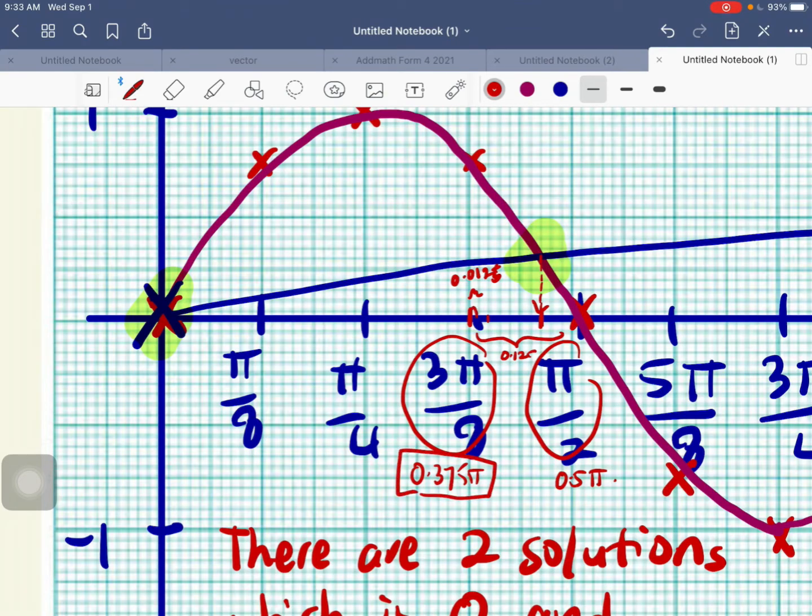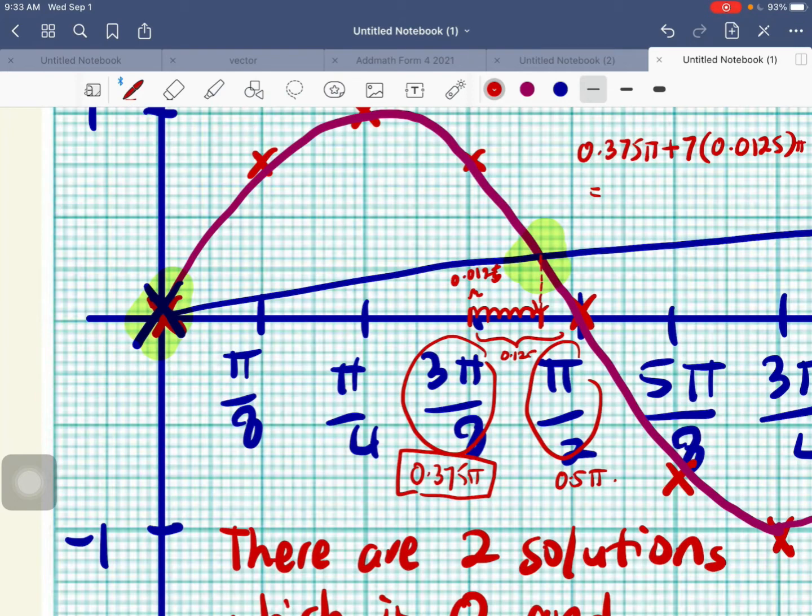So from 0.375 pi just now, I have 1, 2, 3, 4, 5, 6, 7. So I do 0.375 pi plus 7 times 0.0125 pi. Sorry, yes, this should be pi, because one small box brings 0.0125 pi.